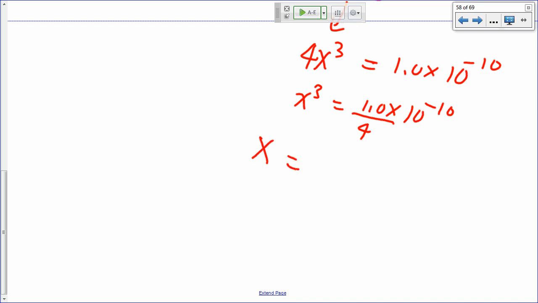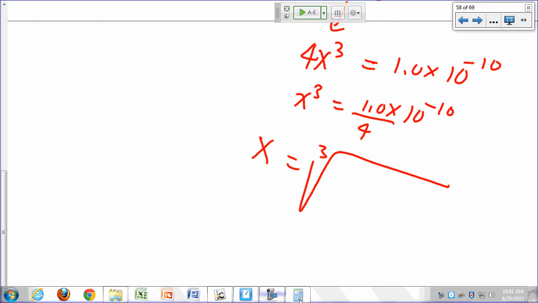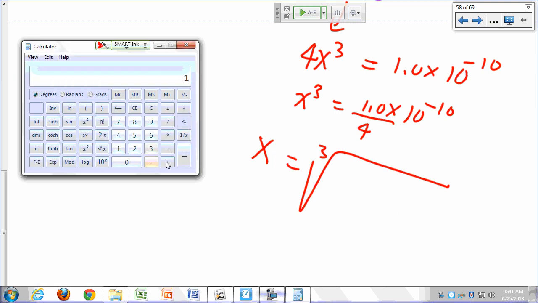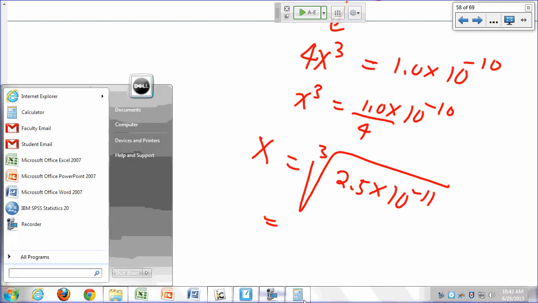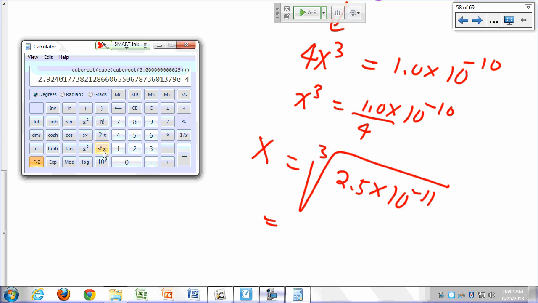So X would be equal to the cube root of that number. 1 times 10 to the negative 10 divided by 4 equals 2.5 times 10 to the negative 11, and the cube root of that is 2.9 times 10 to the negative 4.